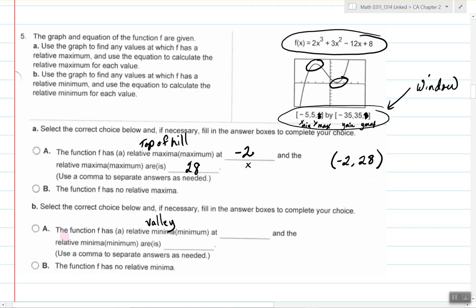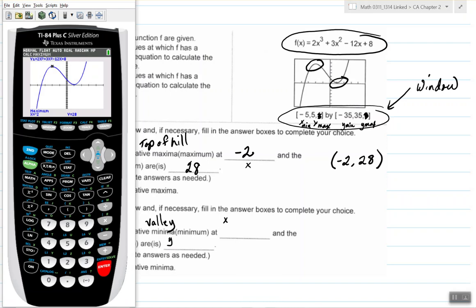Next, we'll do a minimum, and it says a minimum at, you're going to get an x value, and the relative minimum is, and you're going to give the y value of a minimum. Now the minimum is over here, and you're going to sandwich it again, marking it on the left and marking it on the right. You have to hit second of the trace key, which is calc.